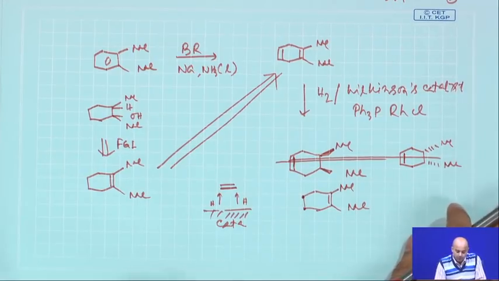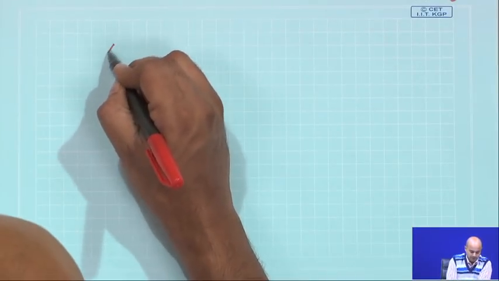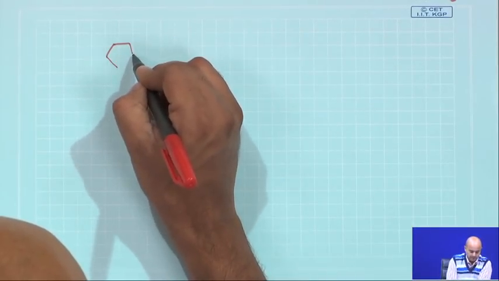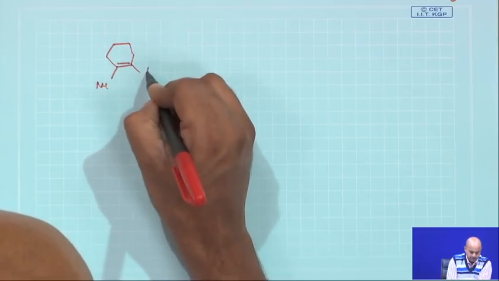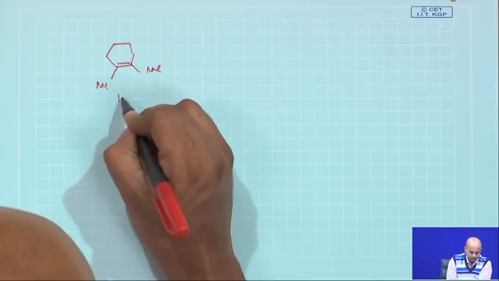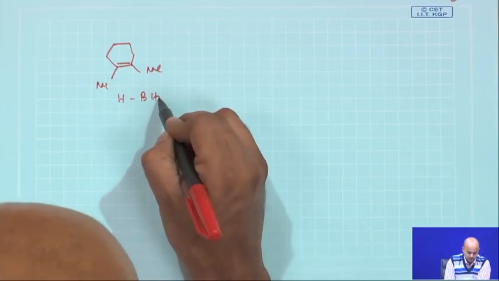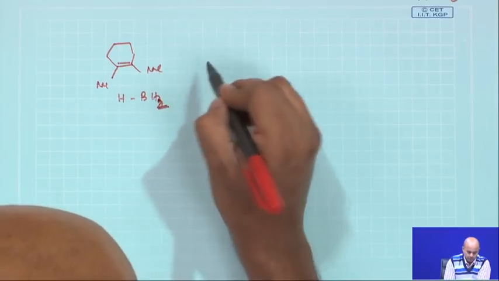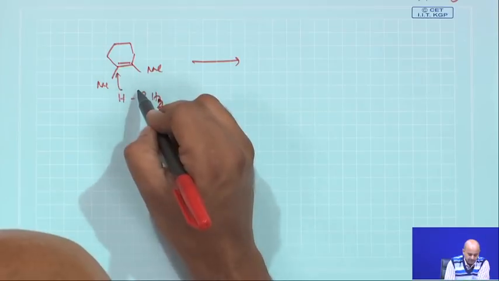So, next you have to do a hydroboration reaction. Now I will try to write the olefin in this way, the methyl and methyl. Hydroboration is basically addition of hydrogen and BH2, and we always say hydroboration is a syn addition.